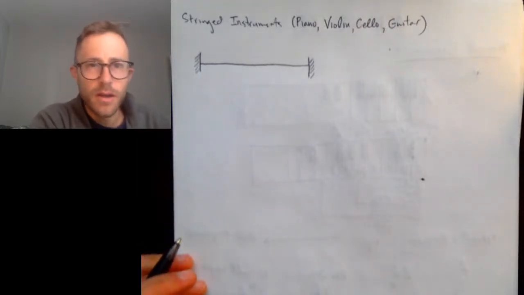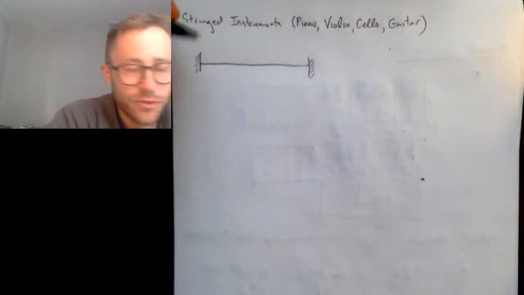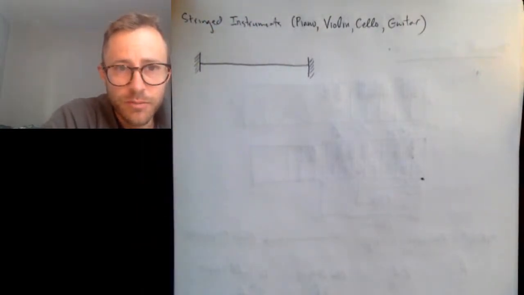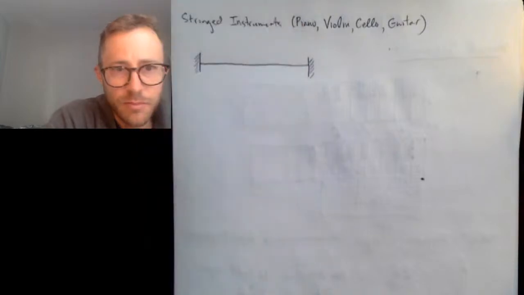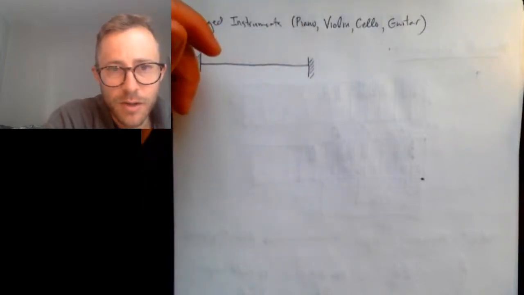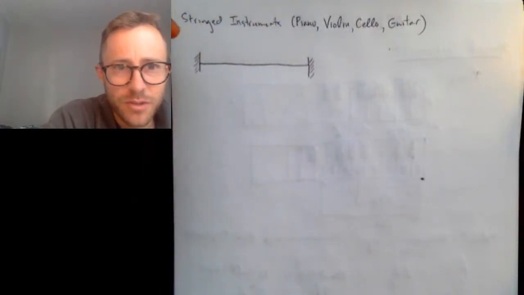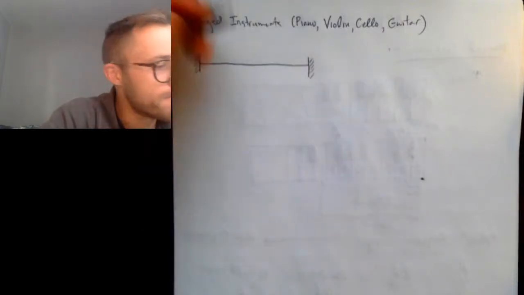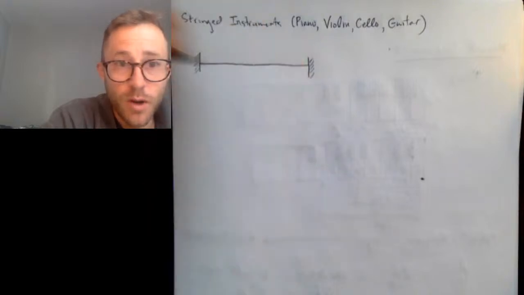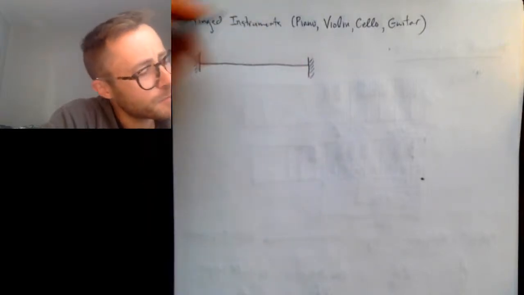An instrument could, of course, have multiple strings. A piano has lots and lots of strings. A guitar has 6 strings. A violin, I think, has 4 strings, I'm not sure on that. A cello has 4 strings. We're just going to look at one of those strings on that instrument.